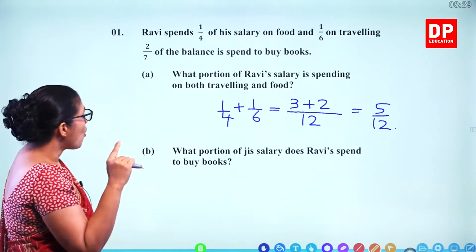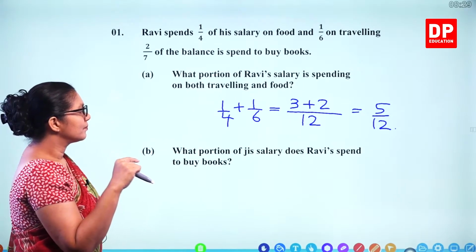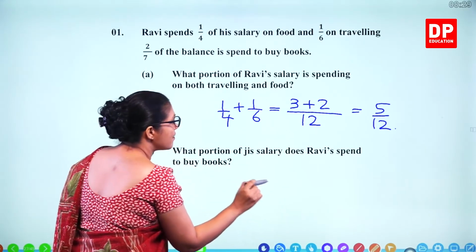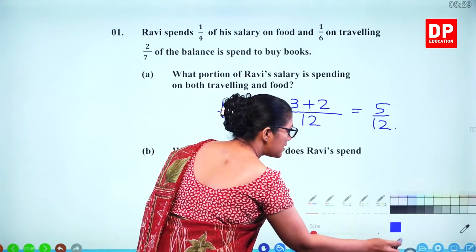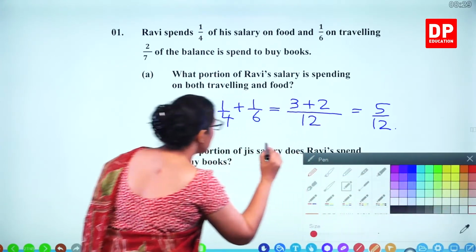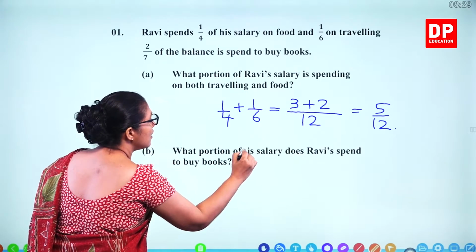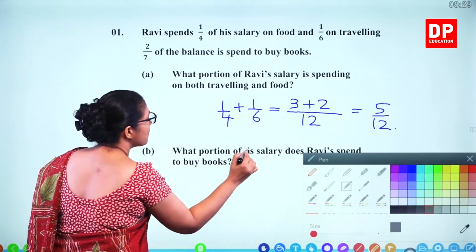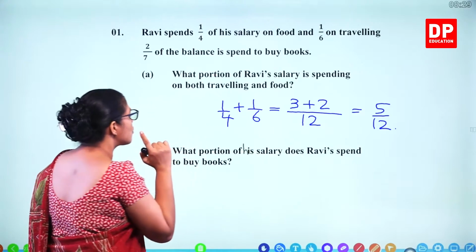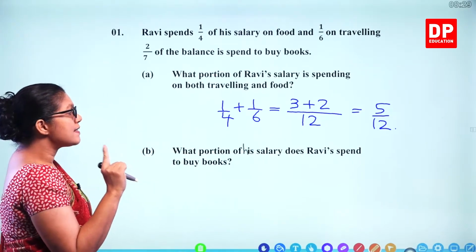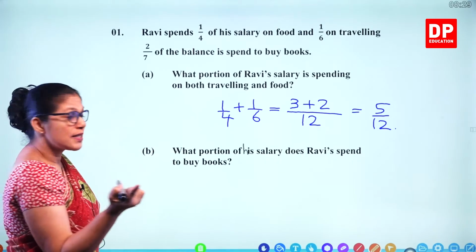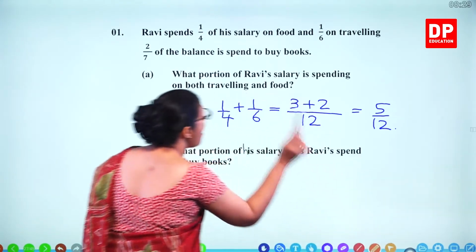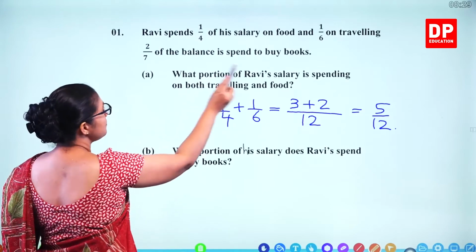And the next one, what portion of his salary does Ravi spend to buy books? So when you are taking this one, the remainder.